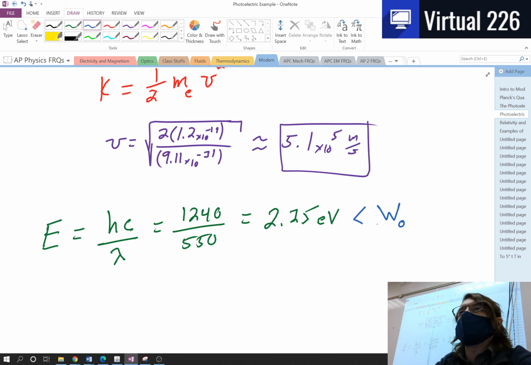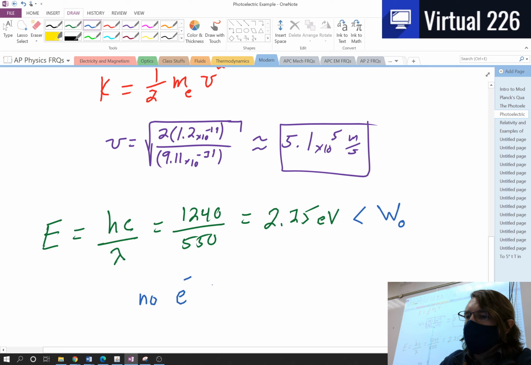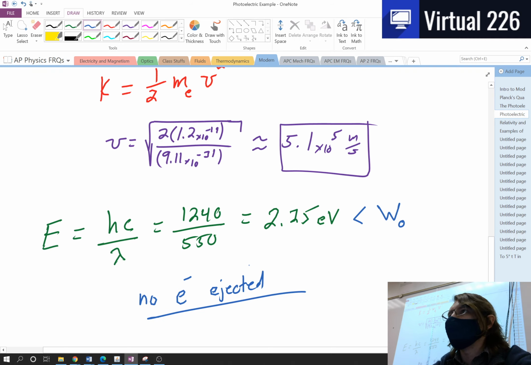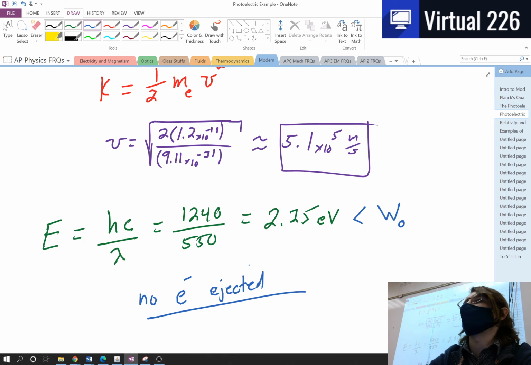Our photon of light striking that plate didn't have enough energy to release this electron. So no electrons are ejected, and part B is now complete. Whew! Part B is much easier than part A. We didn't have a short enough wavelength or a high enough frequency to get enough energy in this scenario.